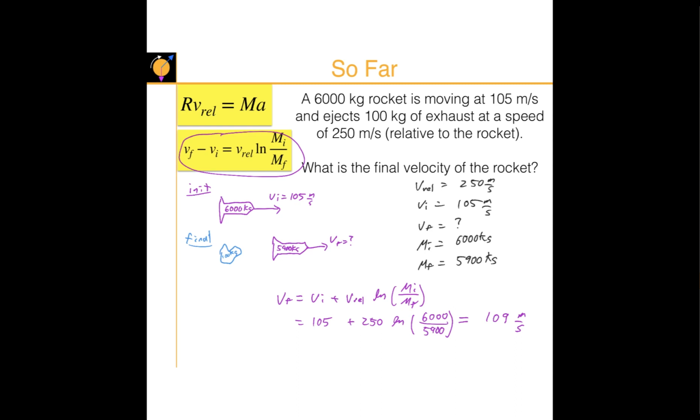Let me make sure I got all that right. Doesn't seem like a very big amount, but yeah. So it started at 105 meters per second and ended up at 109 meters per second. So that's the change in speed of that rocket.